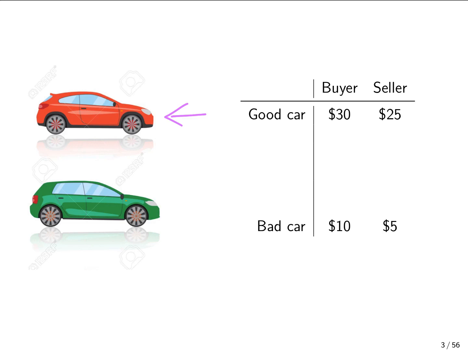For that kind of car, buyers are willing to pay $30,000 for it, and the seller of that kind of car is willing to sell it for $25,000. So here we have the buyer valuing the car more than the seller, and so that could be a mutually beneficial trade.